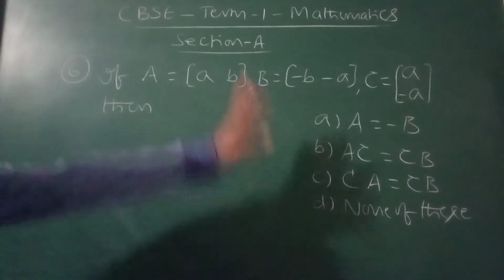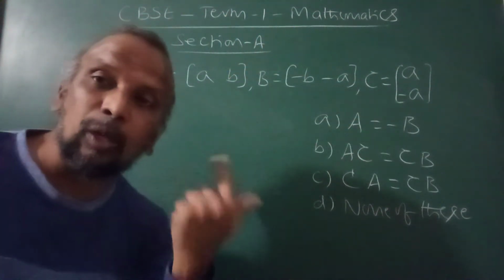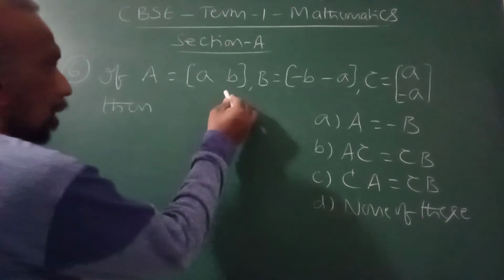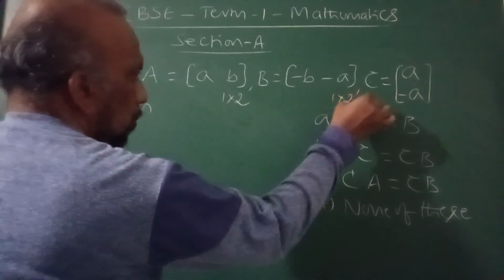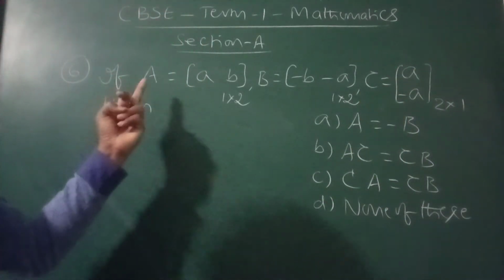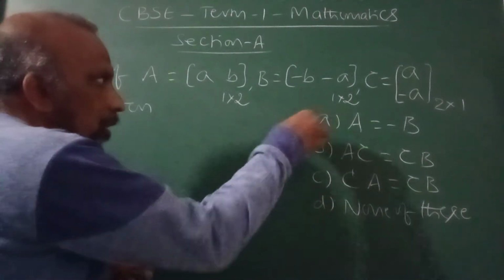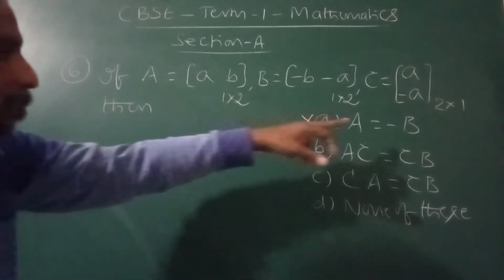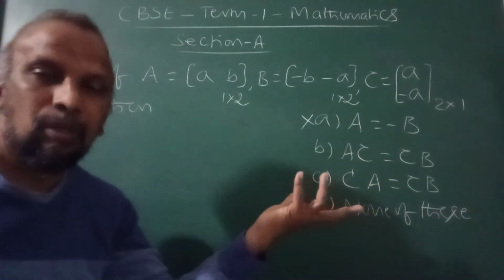See, in this problem there will be matrix A, matrix B, matrix C. Before verifying the options, check the orders. Order of A is 1 by 2, order of B is 1 by 2, order of C is 2 by 1. Clearly we know that A is not equal to minus B, so this option is eliminated.